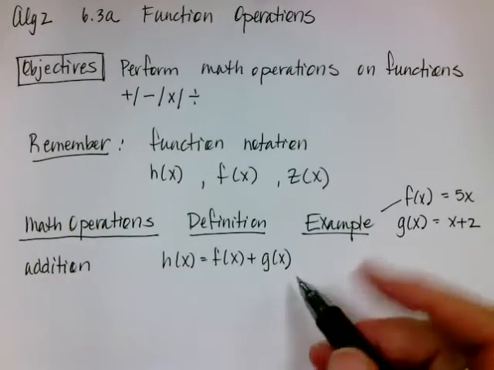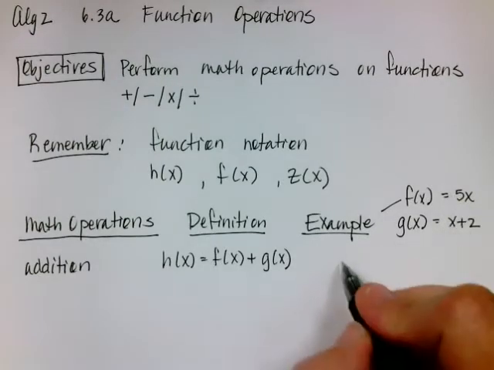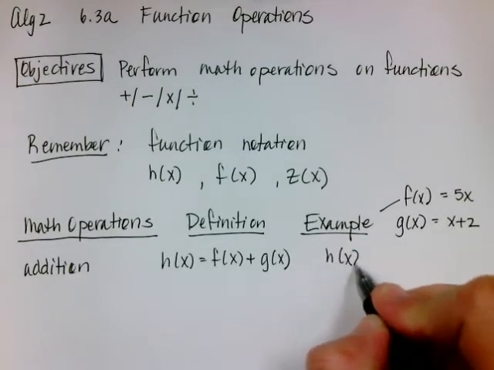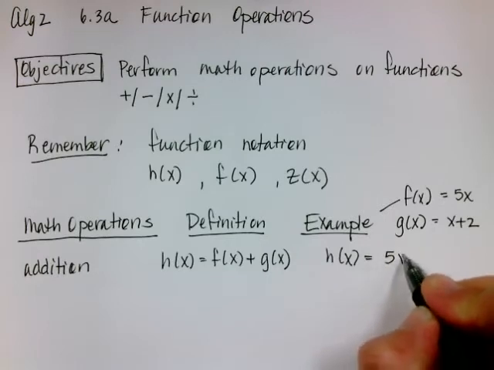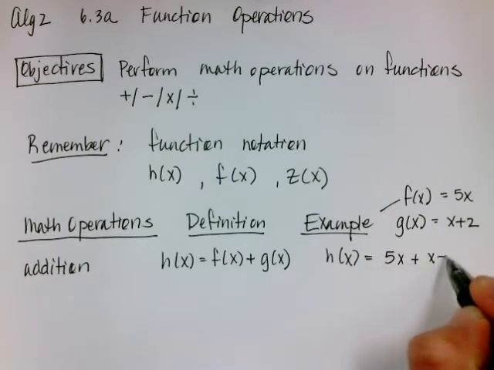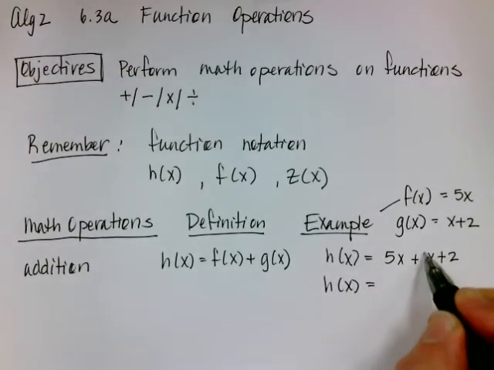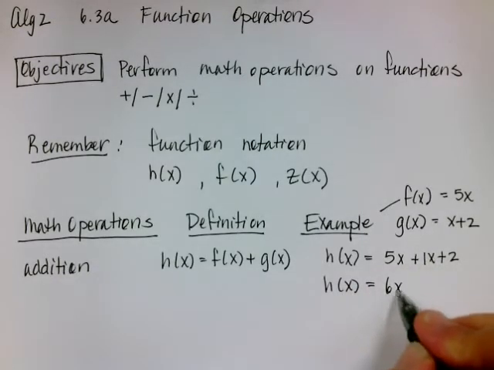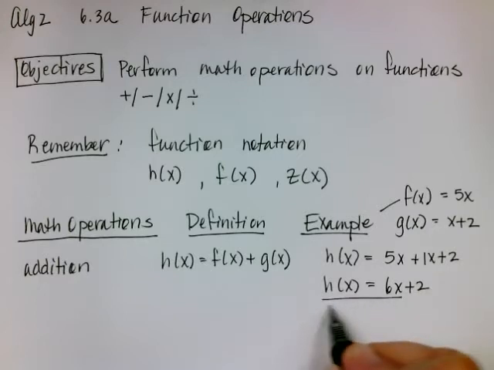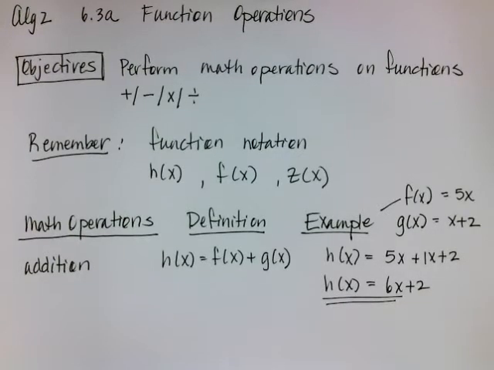All right, so now if I want to do my math, I add those two functions together. So here's f of x, and here is g of x, and then I always want to simplify when I'm done. So 5x plus 1x would be 6x plus 2. And that would be my answer for the addition.